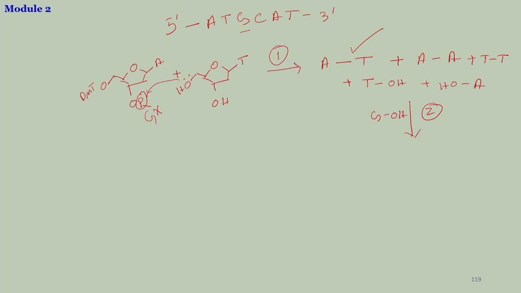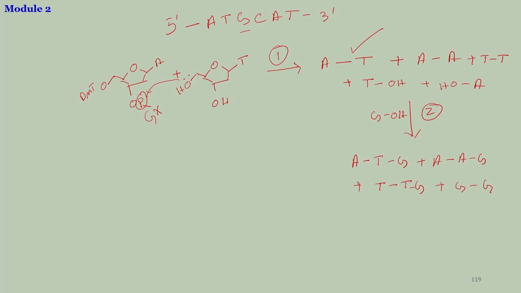In the second phase, what will happen? You will have A, T, G, your desired compound, plus here A, G, plus T, T, G, plus G may react with itself, you will have GG.